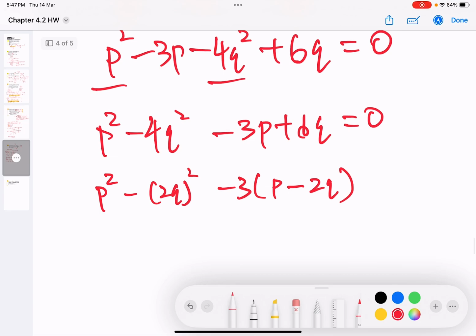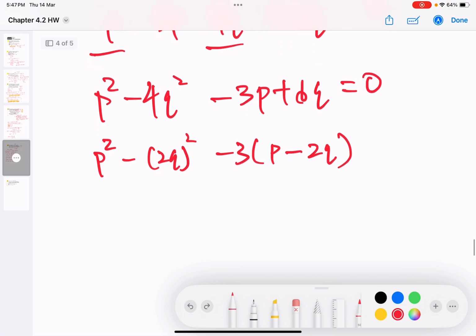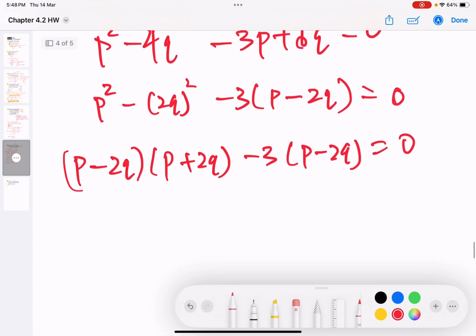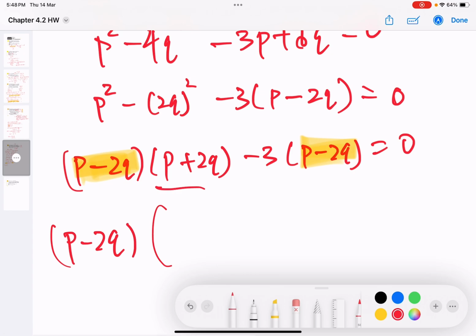And this one is of the form a squared minus b squared, which is a minus b times a plus b, so p squared minus 4q squared is p minus 2q times p plus 2q, and the whole thing is equal to 0. Here I can factorize out p minus 2q. What's left behind is p plus 2q minus 3 is equal to 0.